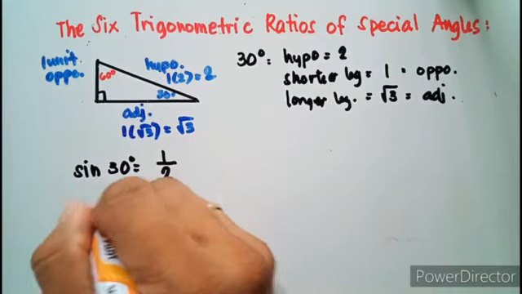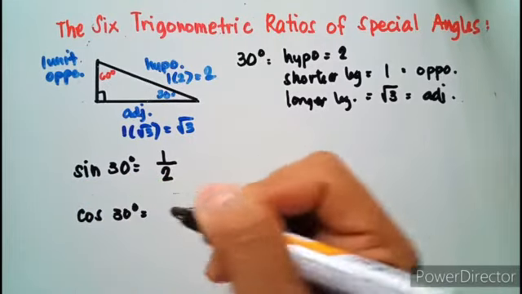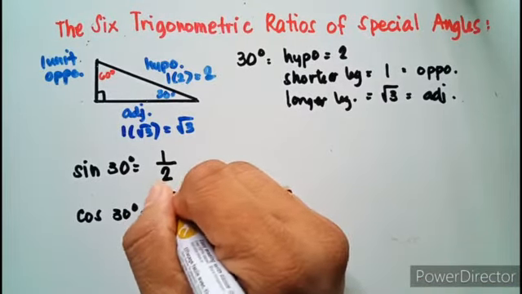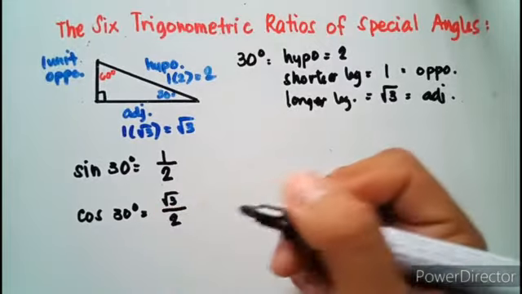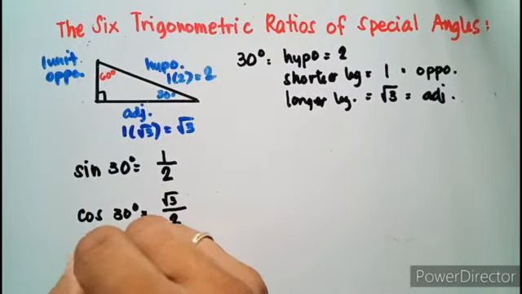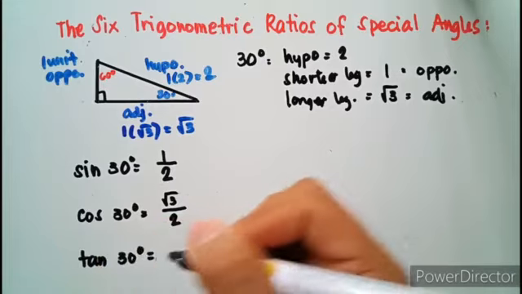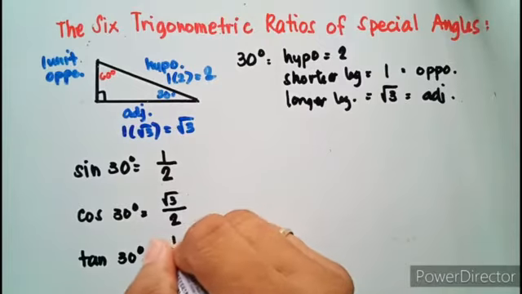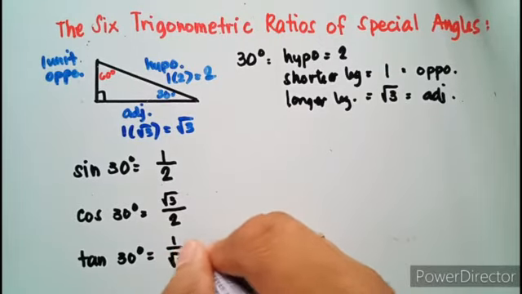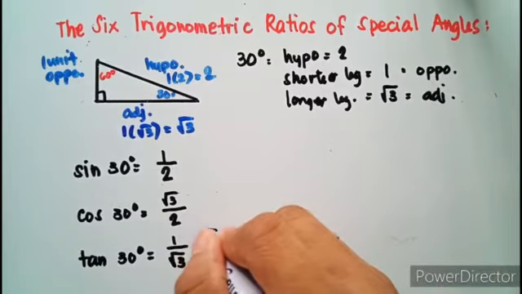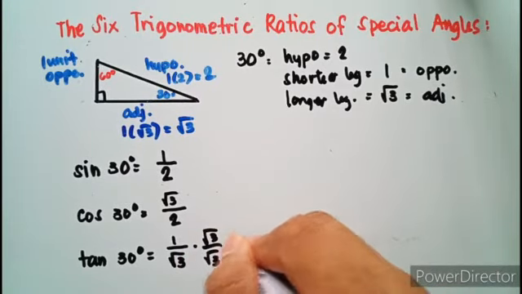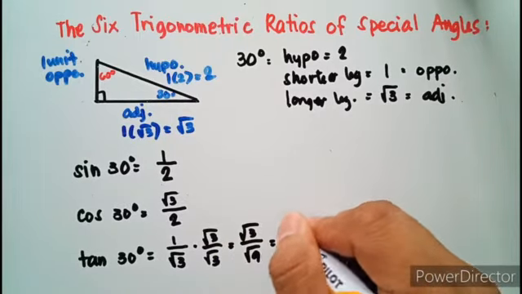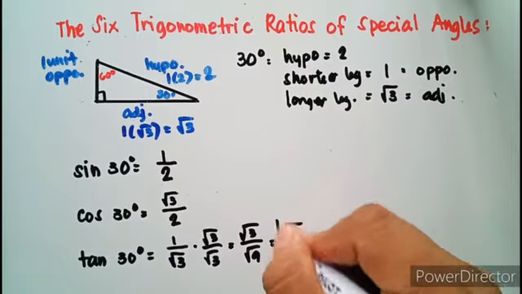Then, cosine 30 degrees is adjacent, that is square root of 3 over hypotenuse, which is 2. Then, for our tangent 30 degrees, that is TOA or opposite over adjacent. Opposite is 1 over adjacent is square root of 3. Then let us rationalize, that is times square root of 3 over square root of 3. So this is equal to square root of 3 over square root of 9. So our tangent is square root of 3 over 3.